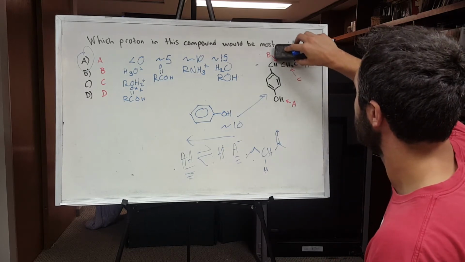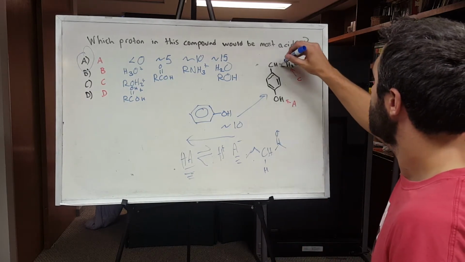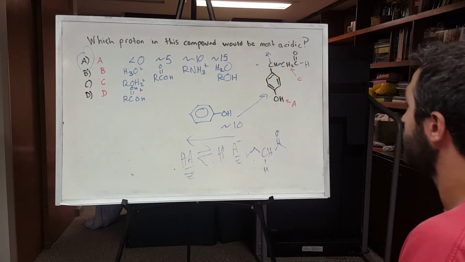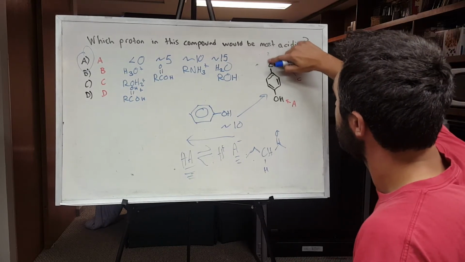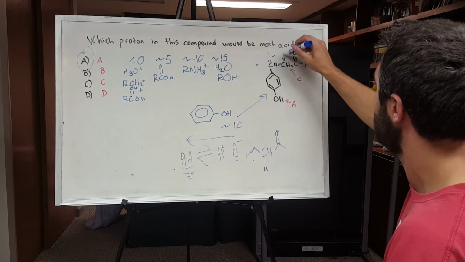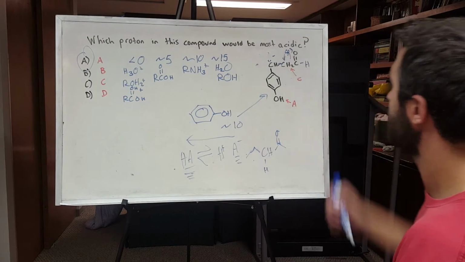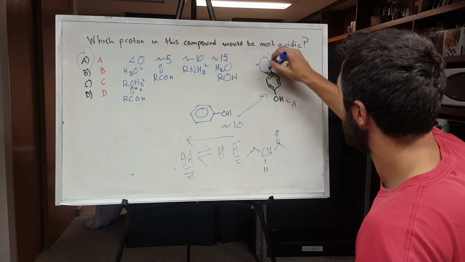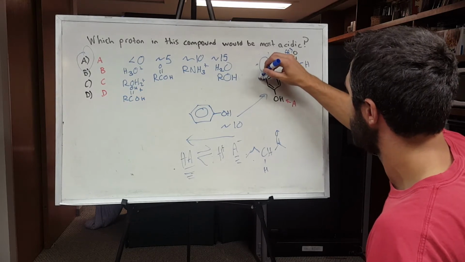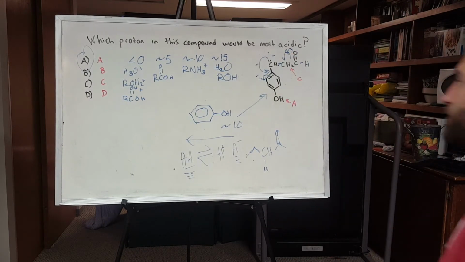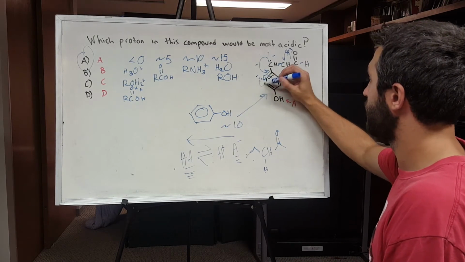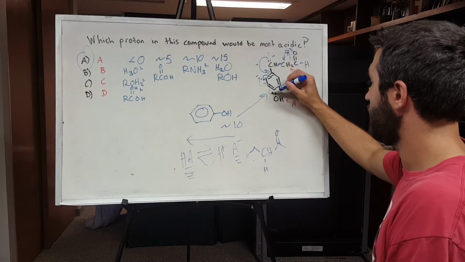Let's see what B has for us. If this H popped off, we'd have a minus charge here. This is sp3, so it can't be delocalized to the right. We could form a double bond here and move this minus charge around our benzene ring.